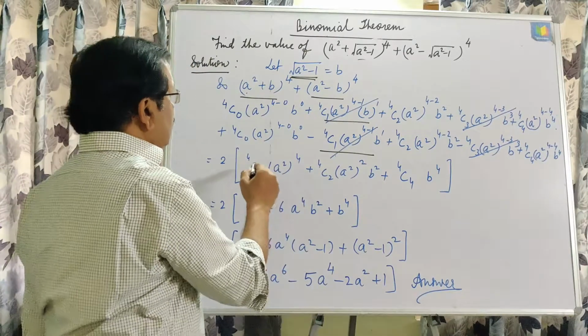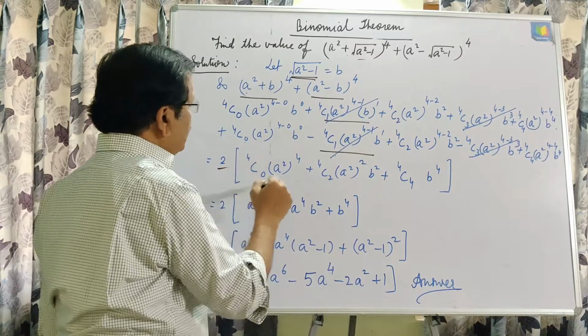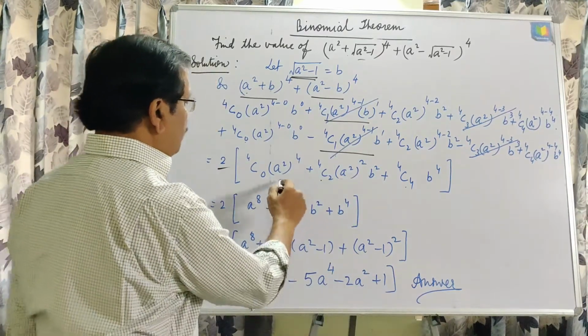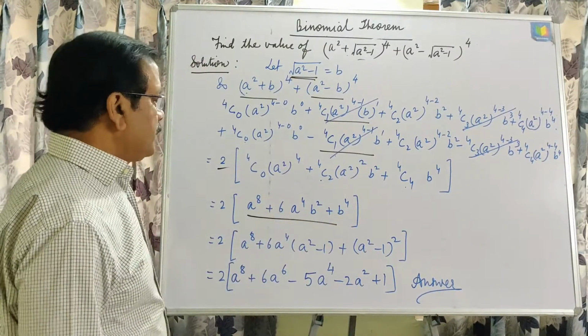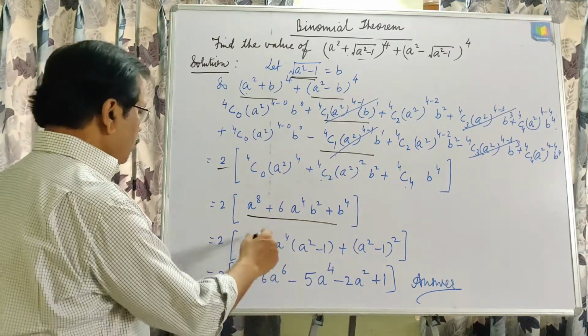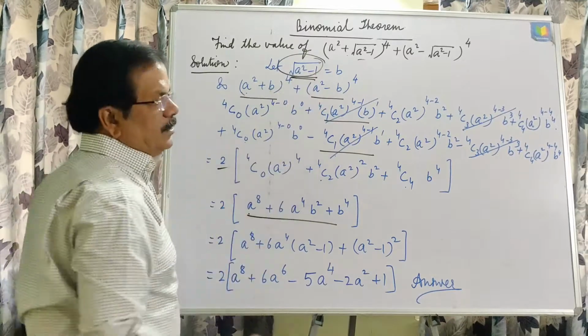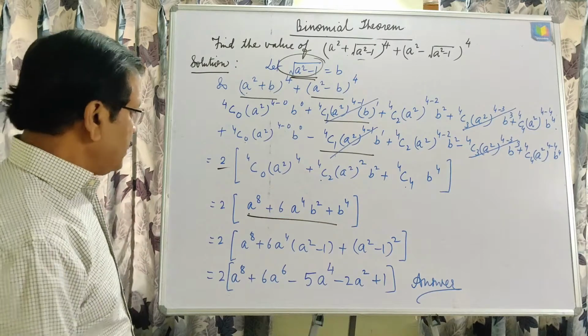Ultimately we are getting the terms containing 4C0, and this will be added twice, 4C2 and 4C4, and then after opening this we are getting a^8 + 6a^4 b² + b^4, and then we substitute the value b = √(a² − 1).